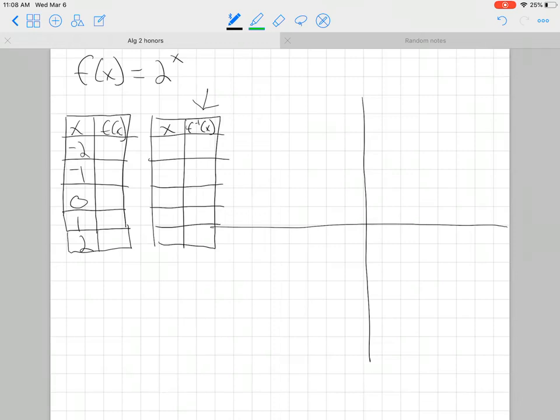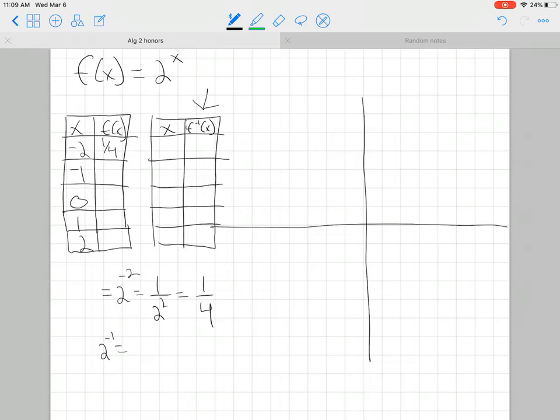If x is negative 2, this would basically be 2 to the negative 2 power. I wonder how many people remember how to do that. Well, hopefully you remember that 2 to the negative 2 power is the same thing as 1 over 2 to the second power, which is 1/4. So this would be 1/4.